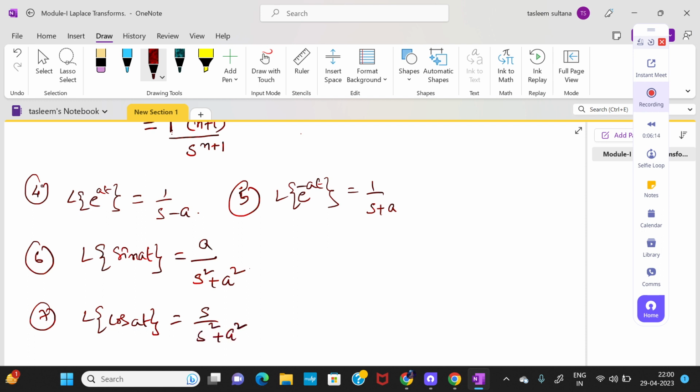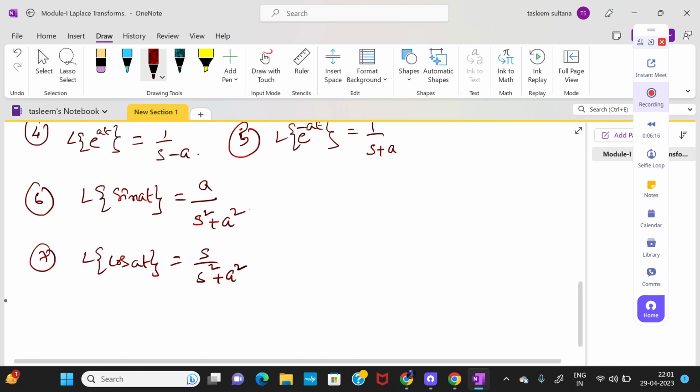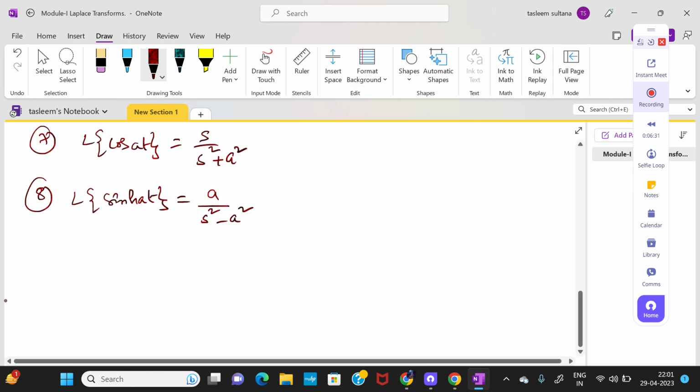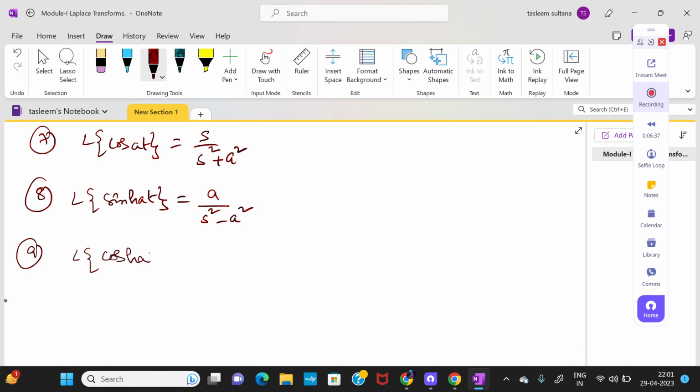If it's hyperbolic, eighth one, L of sinh at is a divided by s square minus a square. Ninth one, L of cosh at, which is equal to s divided by s square minus a square.